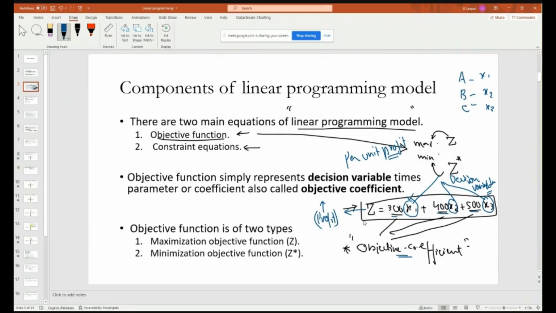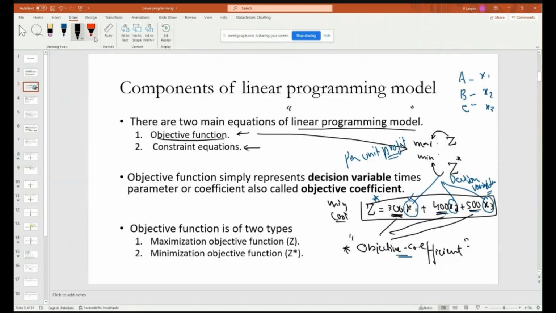If I place z star and write it as a minimization cost function, then this becomes 300 cost per unit of x1, 400 cost per unit of x2, and so on. So this is an objective function, and it primarily consists of two components. One we call decision variables, and the other we call objective coefficients.